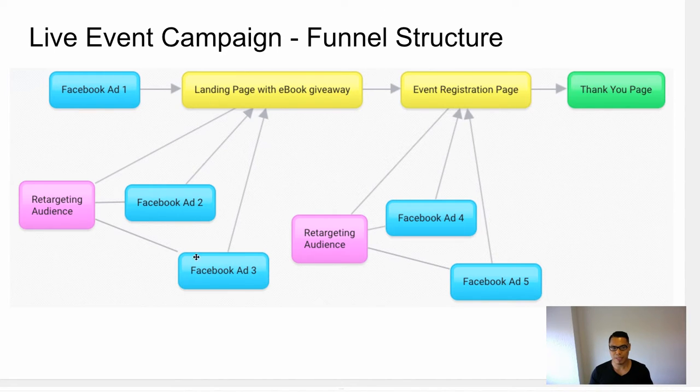They won't be seeing that on Facebook anymore. And again, this is what we call behavioral targeting. So we use what we call exclusion or excluded audience. So as soon as they land on the event registration page, they won't see these ads anymore.